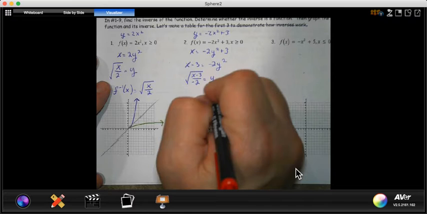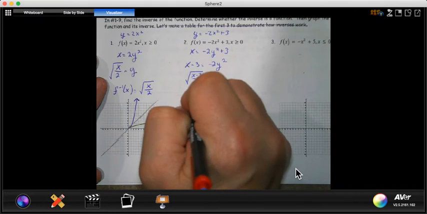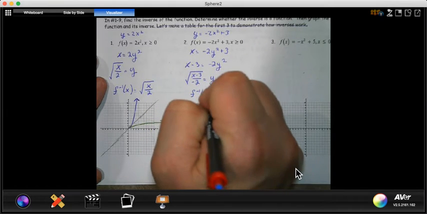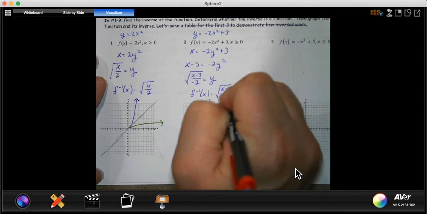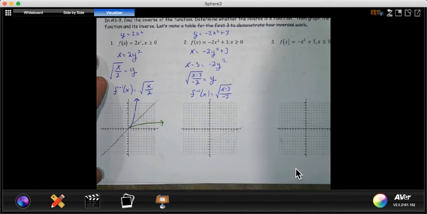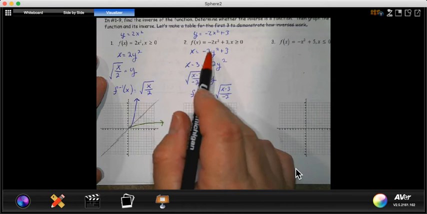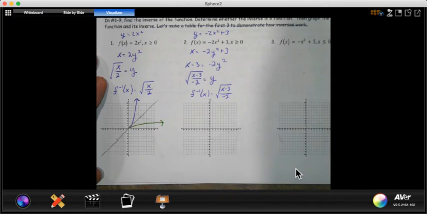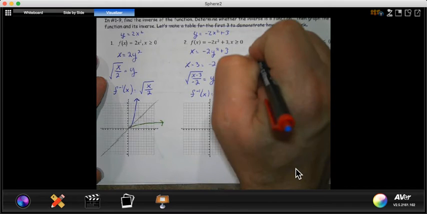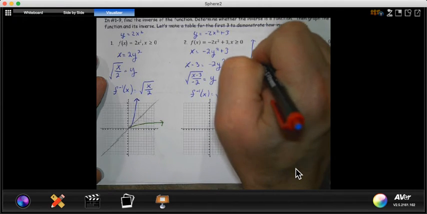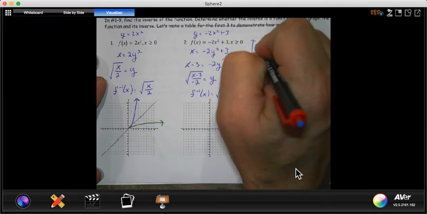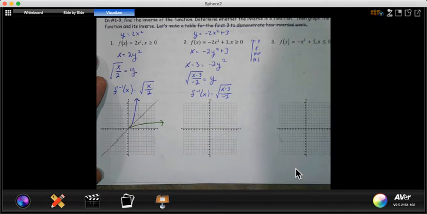And then I switch around and use my inverse notation. So inverse of x is the square root of x minus 3 over negative 2. So I just rewrote it. Minus 3 divided by negative 2, square root. Remember, you go back up the order of operations. Right? Aunt Sally: multiply or divide, exponents, parentheses.